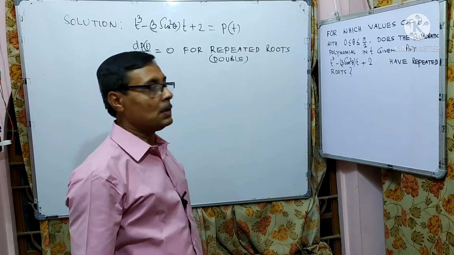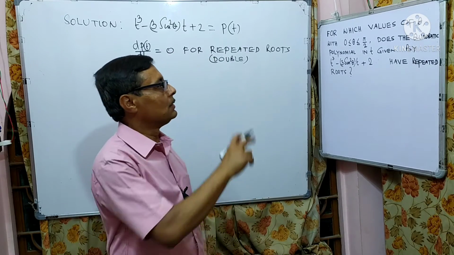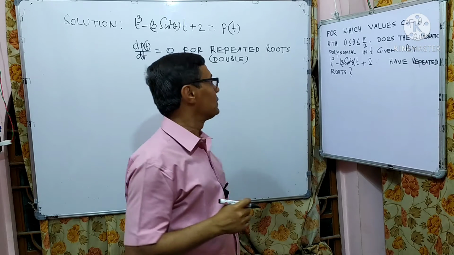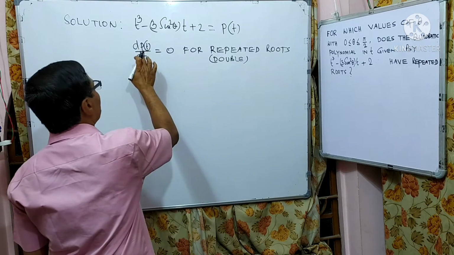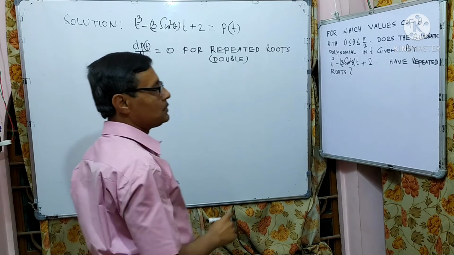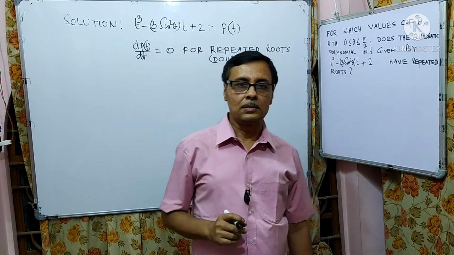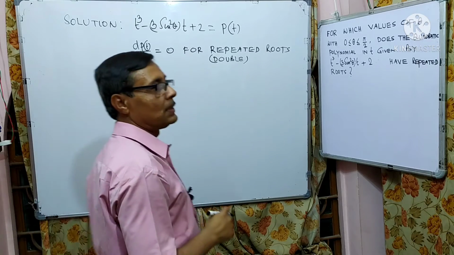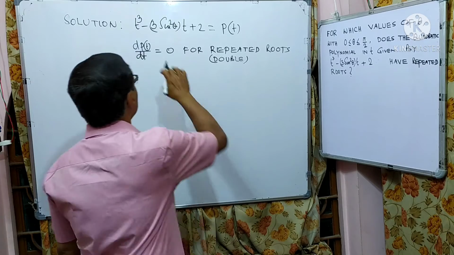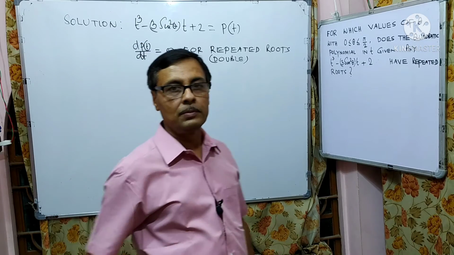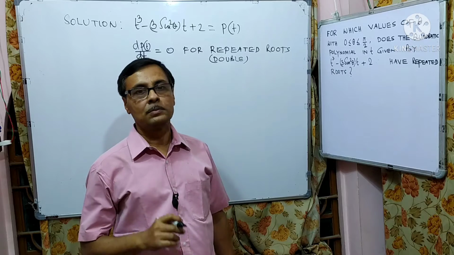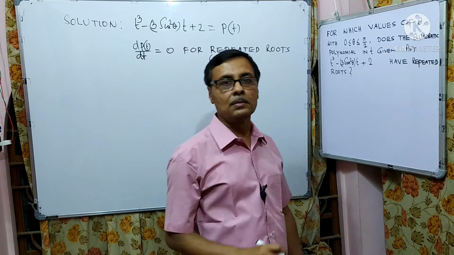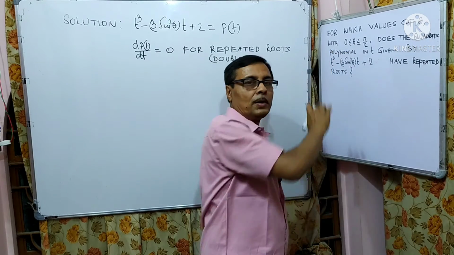Here the root is twice repeated. So we have d by dt of p of t equal to 0, that is, the first derivative of this polynomial must be 0 for repeated roots, that is double roots. And this equation also gives us the repeated roots, that is double roots, of this polynomial.